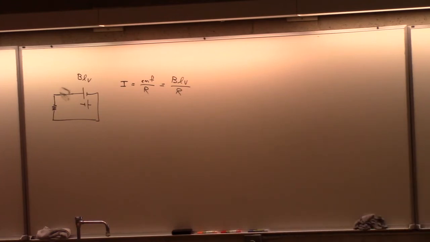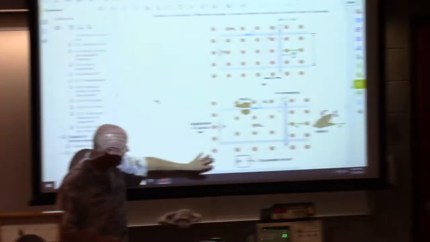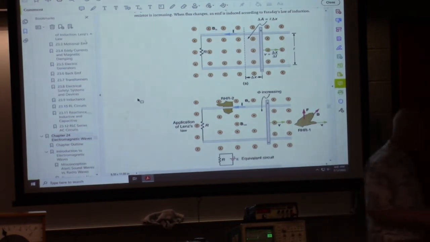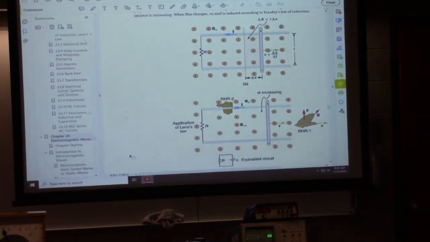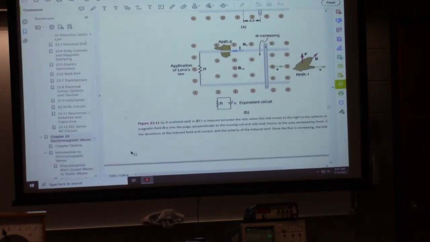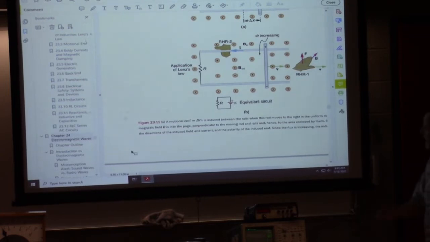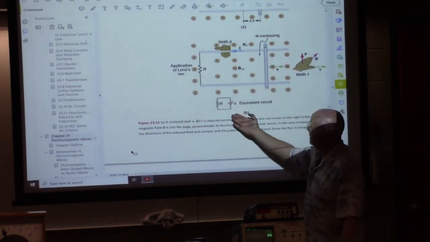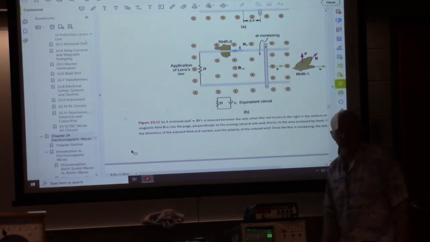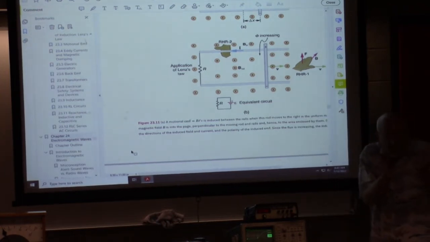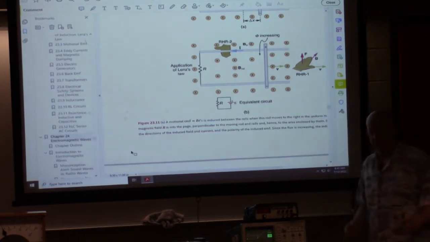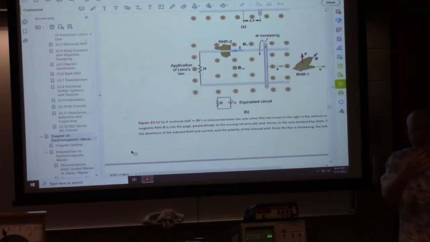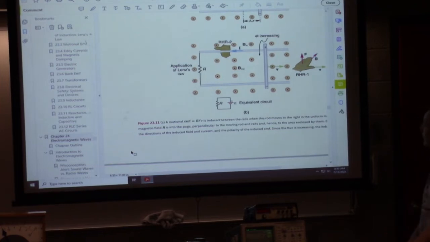And that's what your author's trying to do down here in this picture. He's trying to say this is equivalent to having a little battery and a resistance. The little battery is coming from the electric field, which is coming from the changing magnetic flux. That's the conceptual picture here.